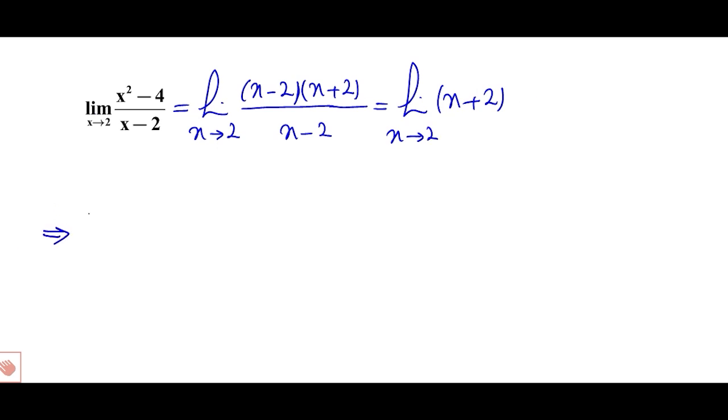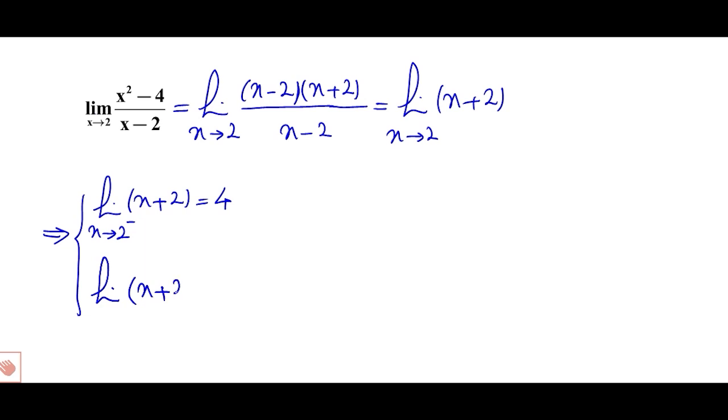So the limit of x plus 2 as x approaches 2 from the left is equal, we plug in 2 for x, so we have 2 plus 2 is equal 4, and the limit of x plus 2 as x approaches 2 from the right, we plug in 2 for x, 2 plus 2 is equal 4.